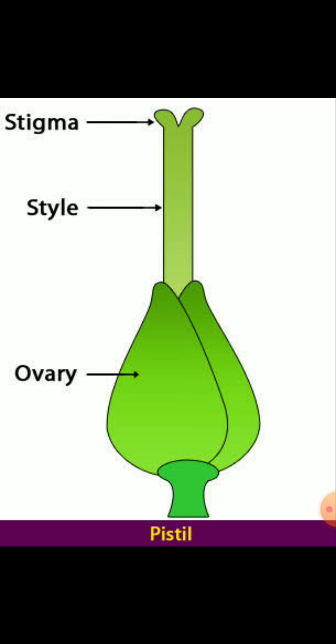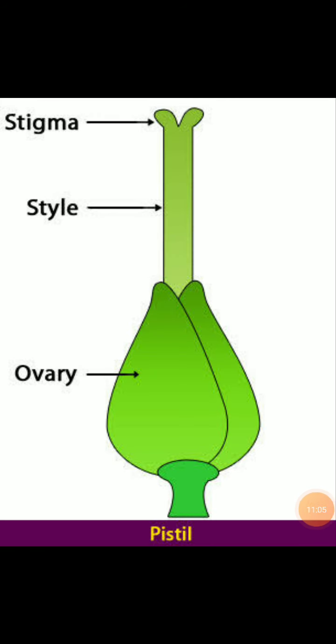How? If there is a bisexual flower like hibiscus, then it will have stamen also, and it will have pistil also. So the pollen grains from this flower will be transferred to the pistil of the same flower.